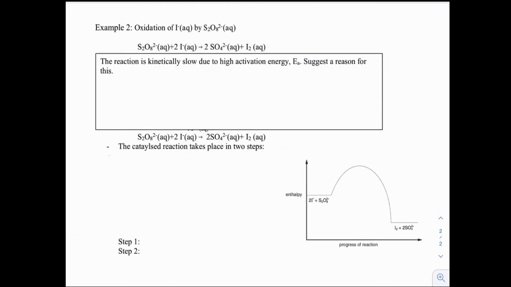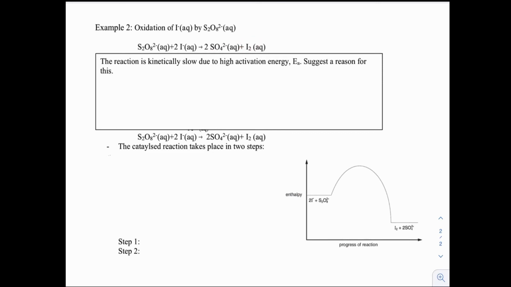Now let's look at another example of a homogeneous catalyst, which involves the oxidation of iodide by the persulfate ions. Alright, so this is the equation which is involved, and if you look at this equation, both of these negatively charged ions react to form sulfate ions and also iodine.